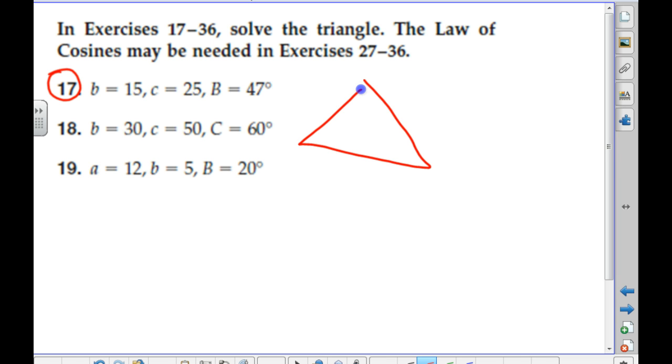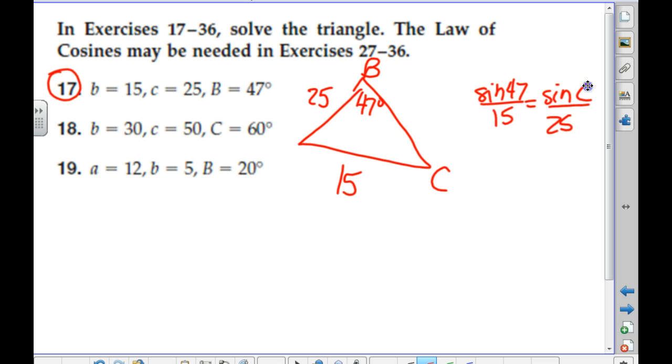If you have a triangle where B is 47 degrees and across from that side B is 15, and you have some angle C is 25, that is an angle-side-side situation, so it's definitely possible that it doesn't work. So you set up 47 is across from 15 in the same way the sine of C is across from 25.